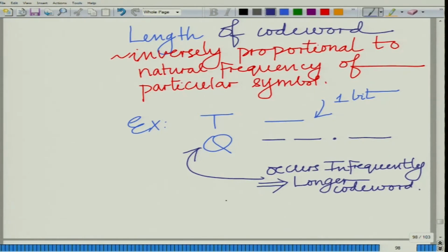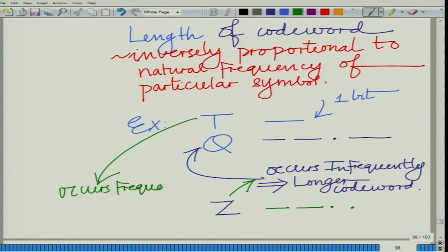In fact, if we look at Z, which also occurs infrequently, that is dash dash dot dot, again it occurs infrequently, therefore it has a longer code. T occurs frequently, which implies a shorter code word.